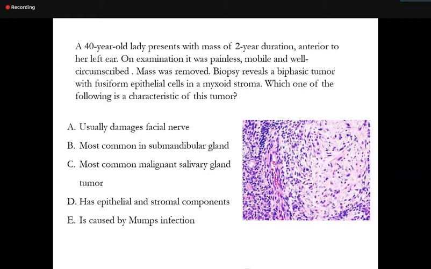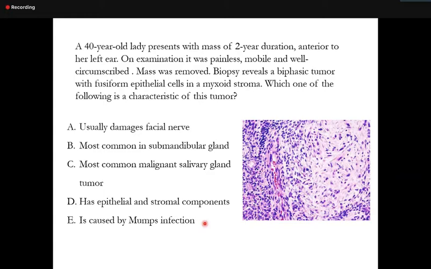Because it is pleomorphic adenoma, it does not usually damage facial nerve. This is a sign of malignancy. Most common in parotid gland. Most common, it is a benign tumor, has epithelial and stromal components, is caused by mumps infection, very easy.